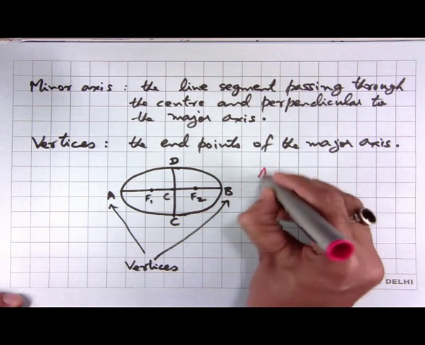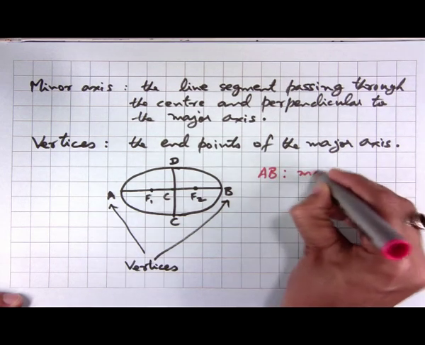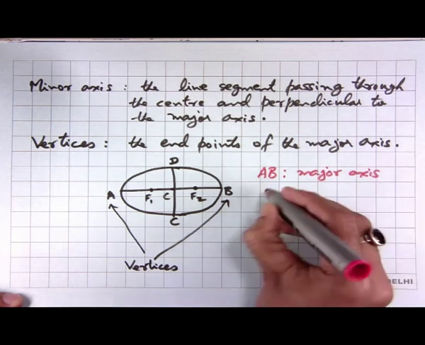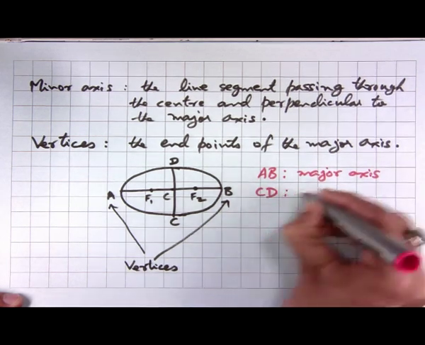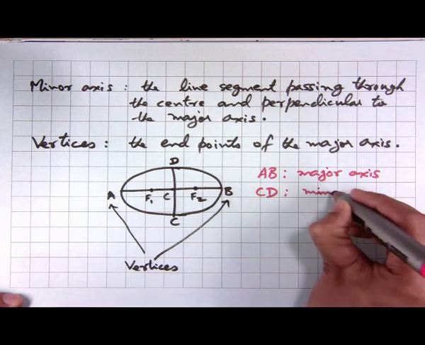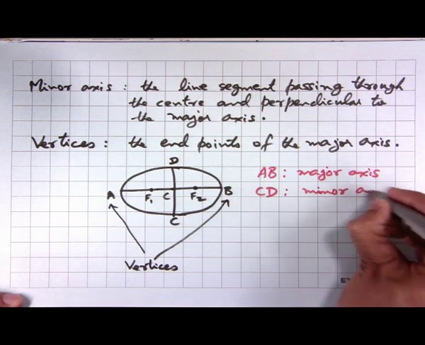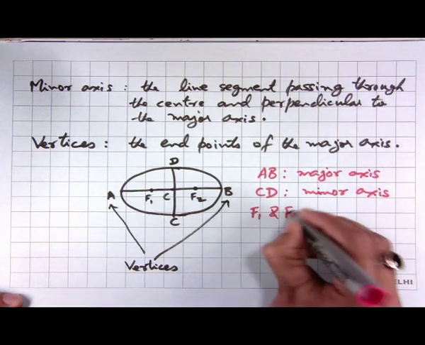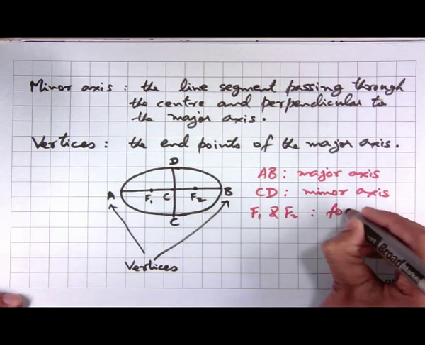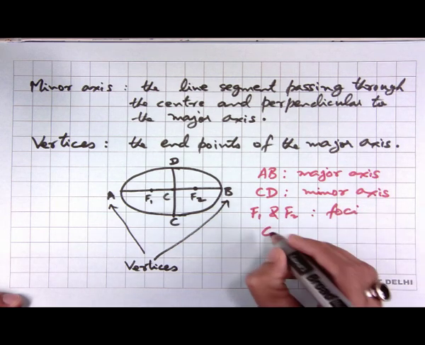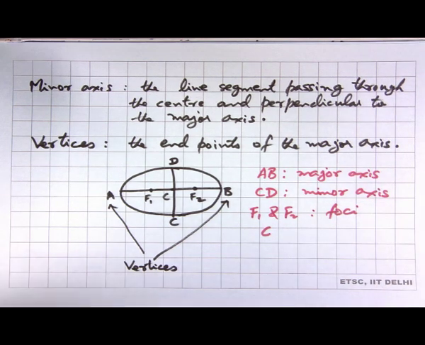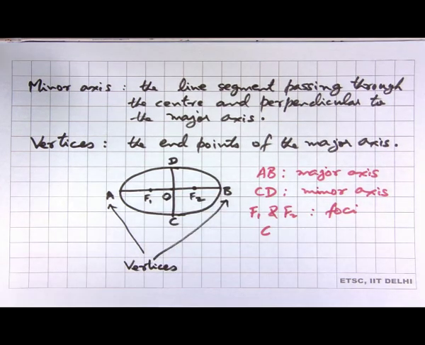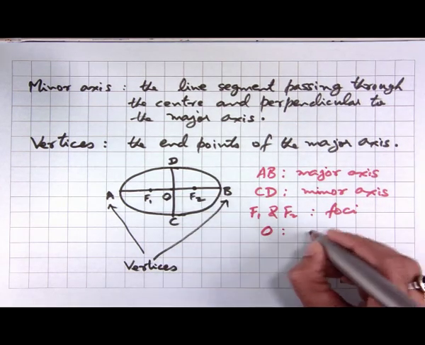A B is the major axis, C D is the minor axis. F 1 and F 2 are the foci. And let us call this point O the center. So, O is the center.